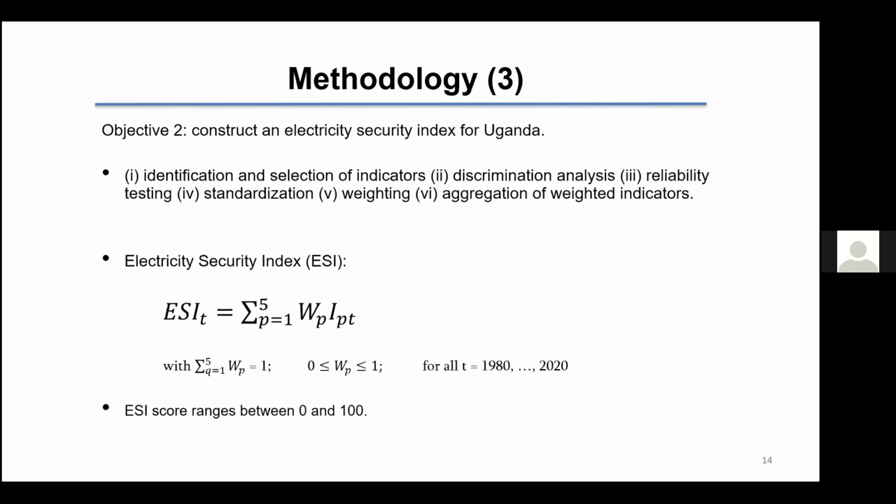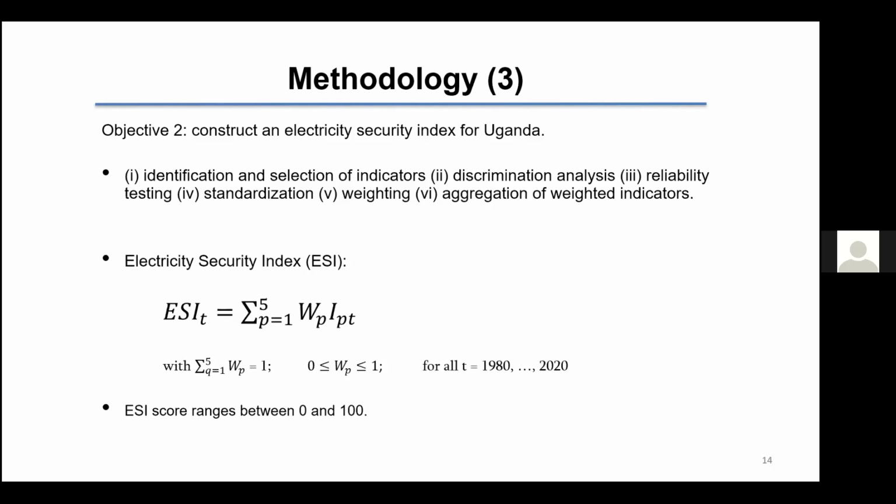The second step is to do some kind of discrimination analysis. Here you are talking about this assemblage of all the indicators. You're trying to see which indicators serve the same purpose so that you can reduce them for analysis without making them repetitive.